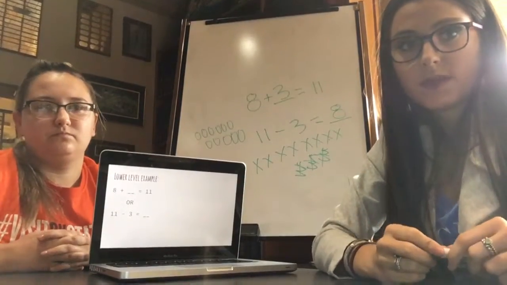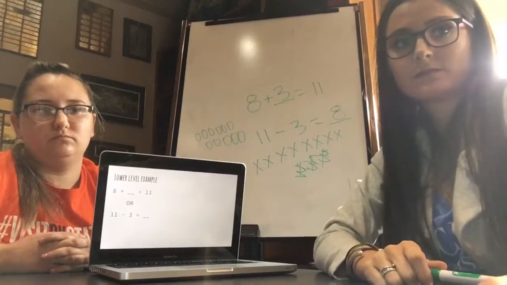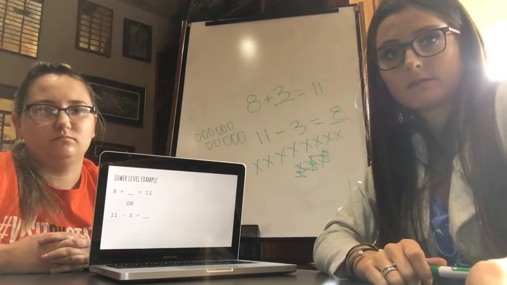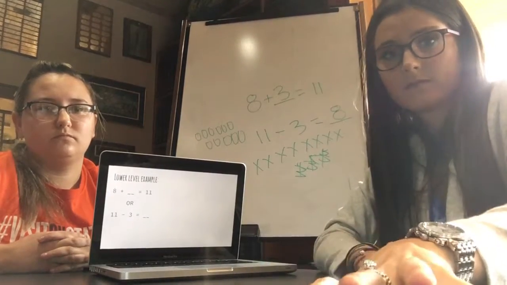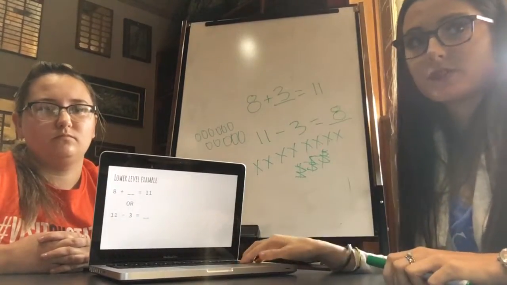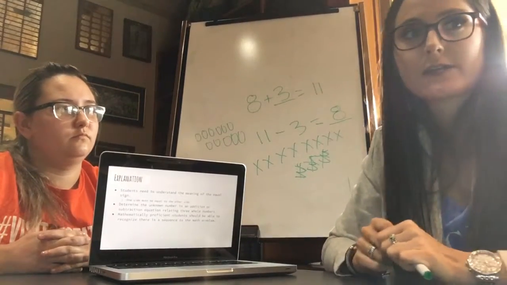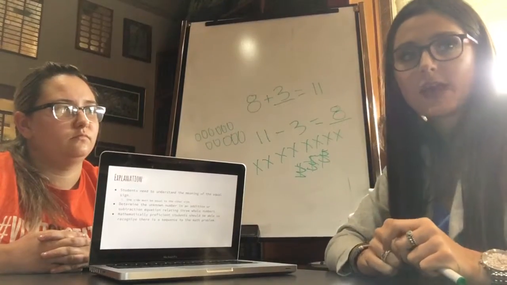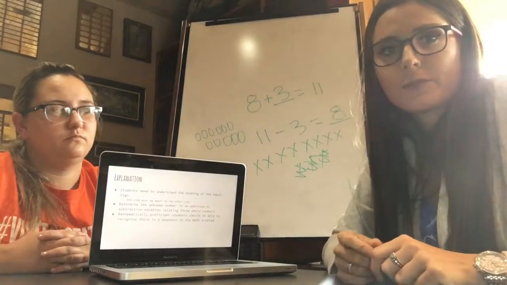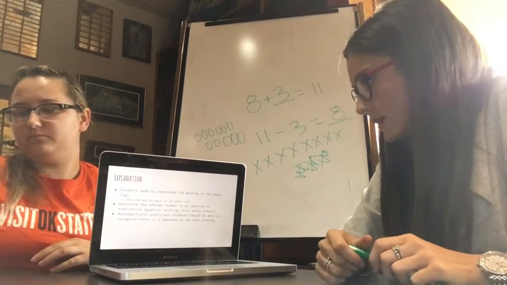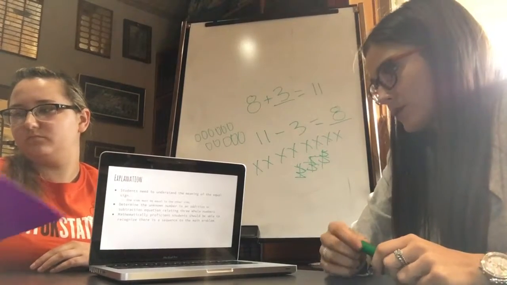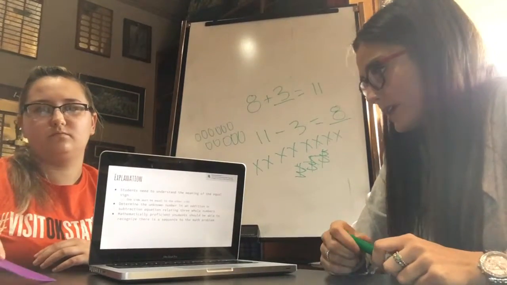This is one way to do this example. Students should be able to understand the meaning of the equal sign. Like I already said, that one side should be equal to the other side. And also students should be able to determine the unknown in the addition or subtraction equation relating to 3 whole numbers.